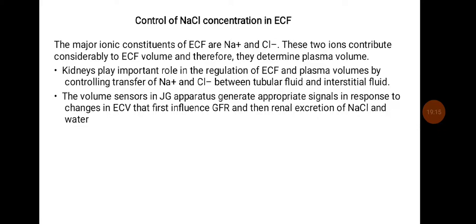Kidneys play an important role in regulation of ECF and plasma volumes by controlling transfer of sodium and chloride between the tubular fluid and interstitial fluid. The volume sensors in the JG apparatus generate appropriate signals in response to changes in the ECV that influence the GFR, and then the renal excretion of sodium chloride and water.